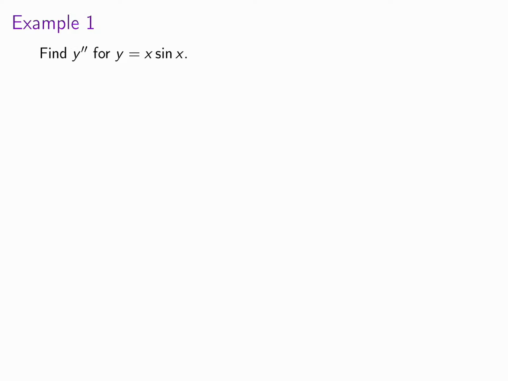Let's find y double prime for y equals x sine x. So that means we need the second derivative, which means that we need to find the first derivative, and then after that, take its derivative to get the second derivative. So let's start with y prime.